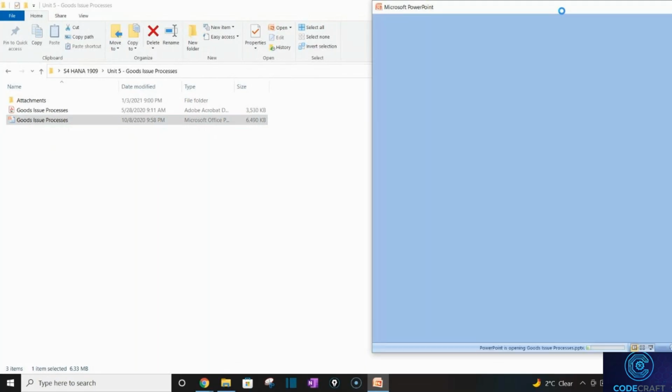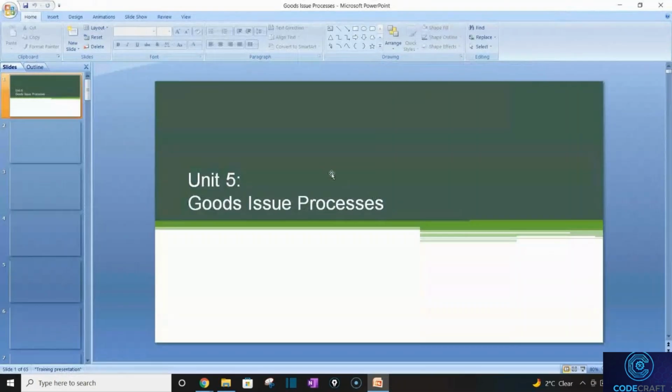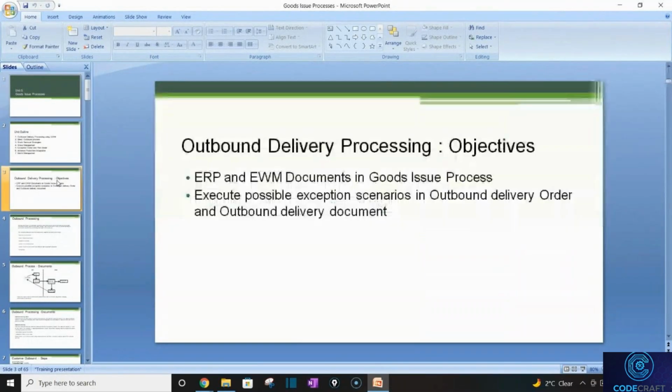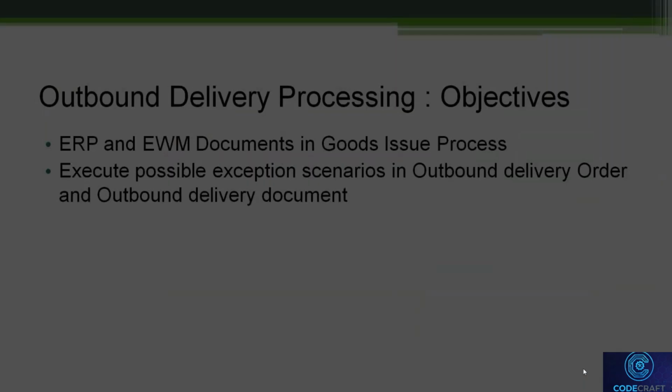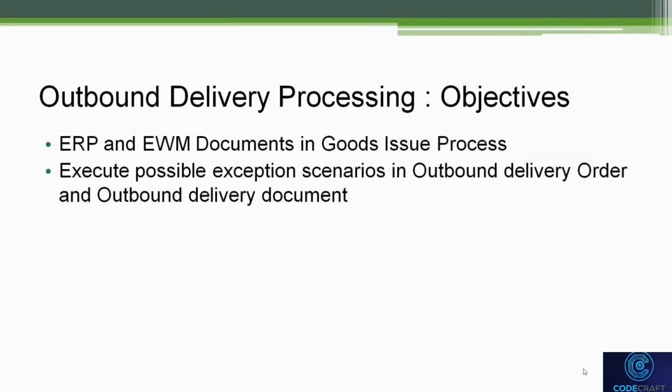Like we understood, in inbound there are two basic steps: goods receipt and put away. When it comes to outbound, before we go into it, I would like to reconfirm the important points we discussed on the inbound.